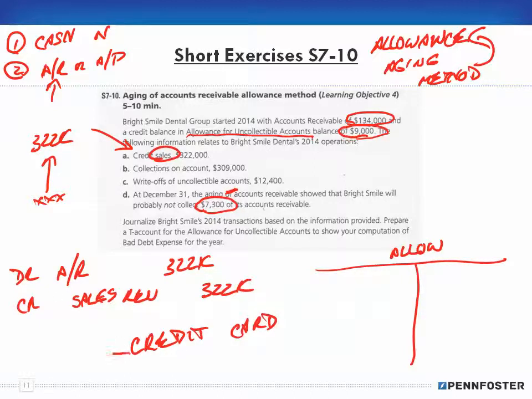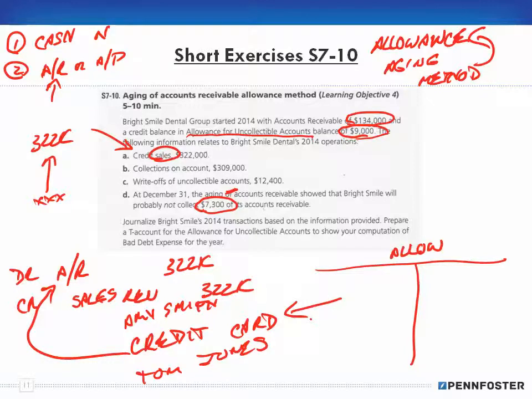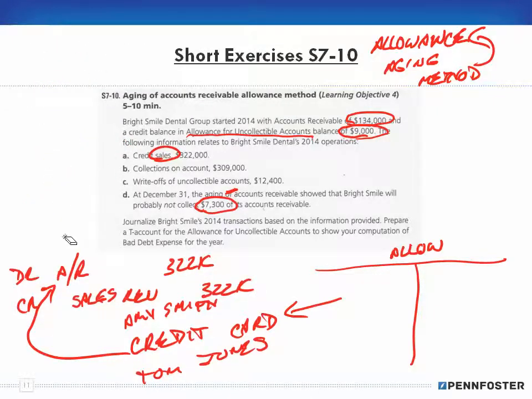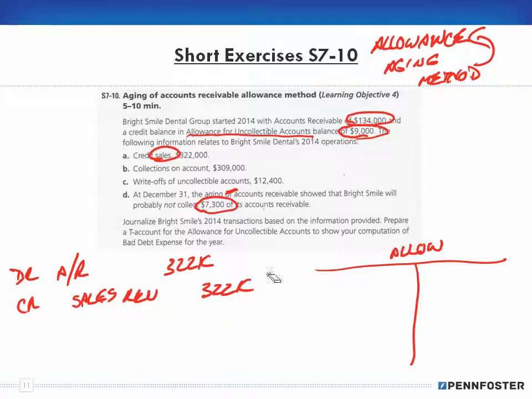So assume I might have Amy Smith as an account, then I'd have a credit card account, and let's say I have Tom Jones. Anytime I'm making a credit sale using a credit card, that would go into my accounts receivable underneath the credit card account. I just want you to be aware of that. That's something that you didn't see in the book, and it's something that just popped into my head right now. So that's why I said you're not going to always find this stuff in the book.